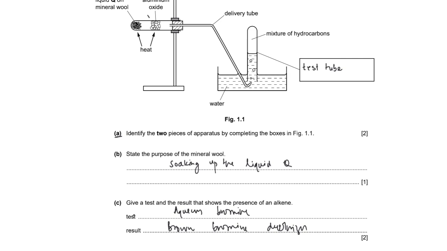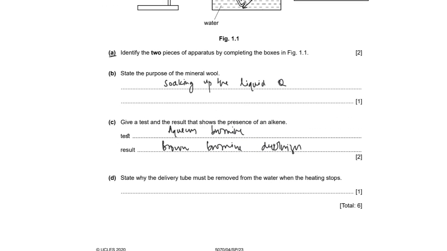Why? Because the liquid can go back into the delivery tube. This going back of the liquid is known as suck back. So what are you trying to avoid? You're trying to avoid the suck back of water. So it has to be removed immediately to prevent suck back of water.